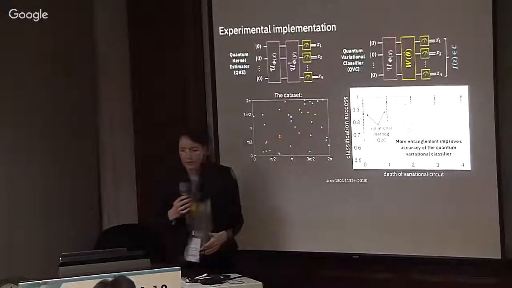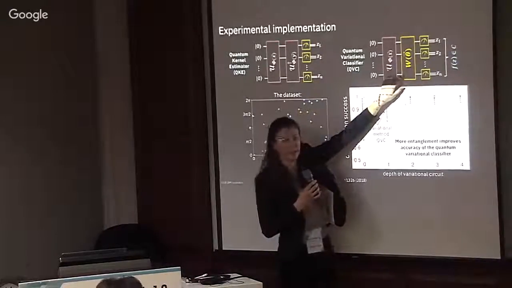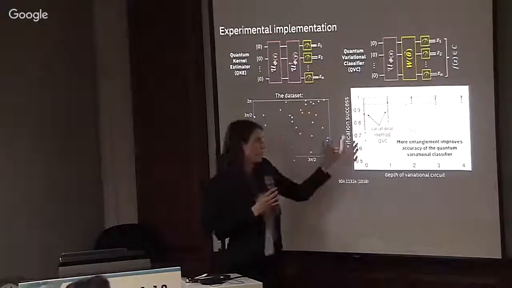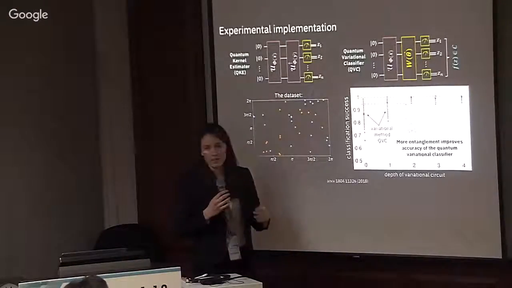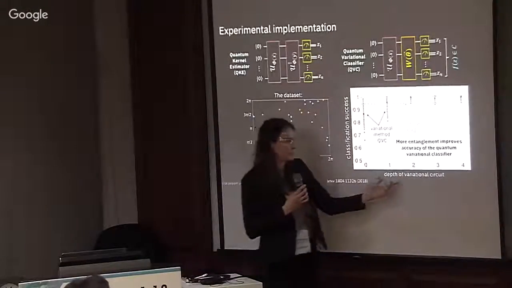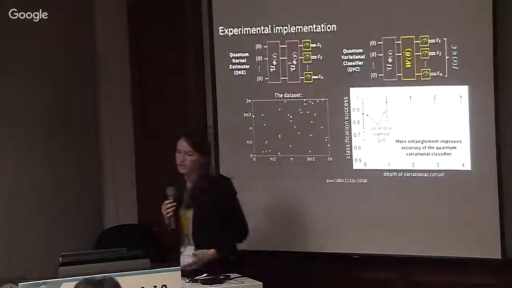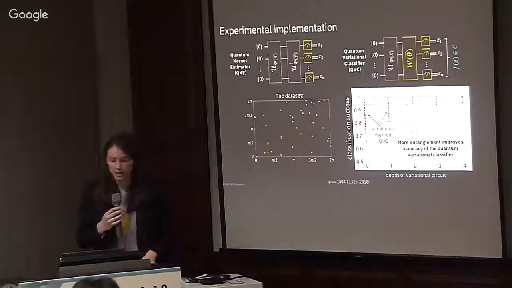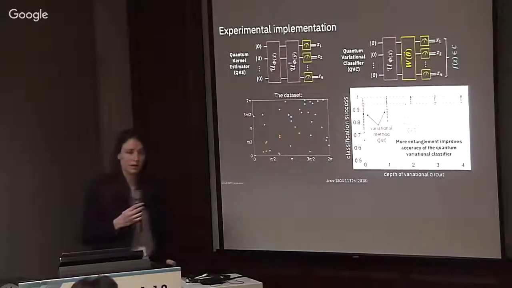You have a lot of freedom in how you want to set up this circuit, and you can have layers of entangling gates with single qubit gates, and you can repeat that many times, and that's what this depth represents. So the more depth you have in that circuit, the more free parameters you have to optimize over, and you probably have more entanglement in that circuit as well.